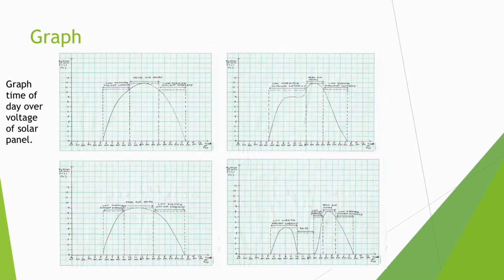Okay, so as we can see, there are 4 graphs that are actually the same kind of graph, but for different days. So it is for Sunday, Monday, Tuesday, Wednesday.